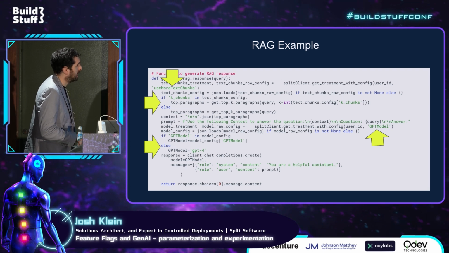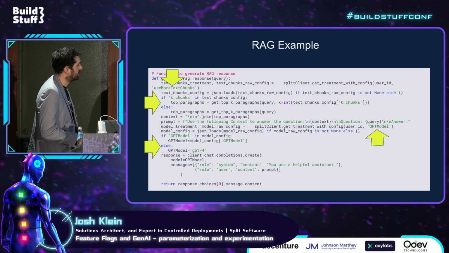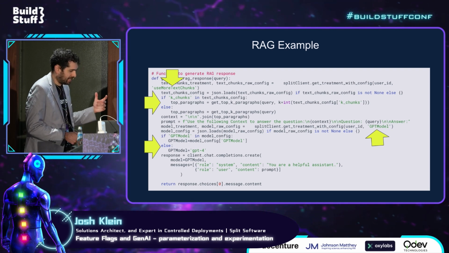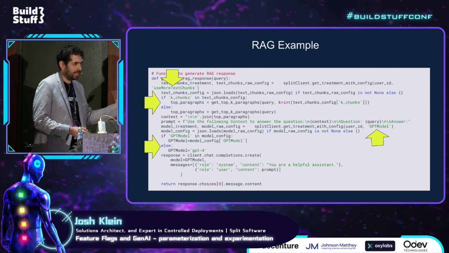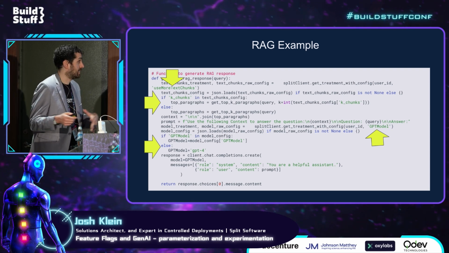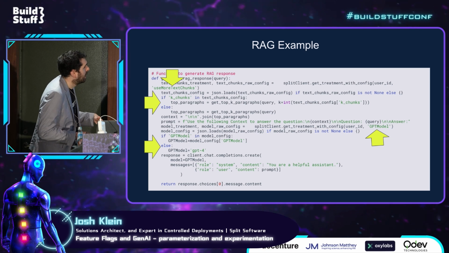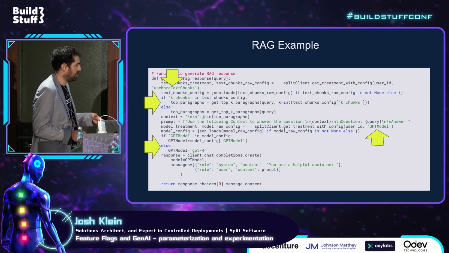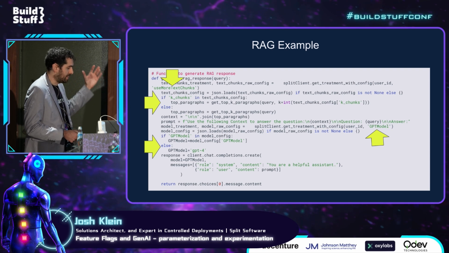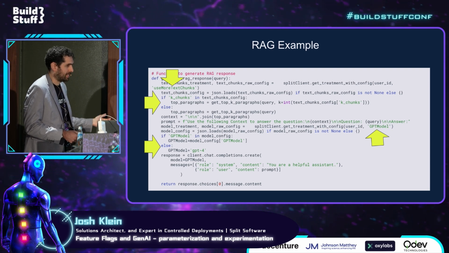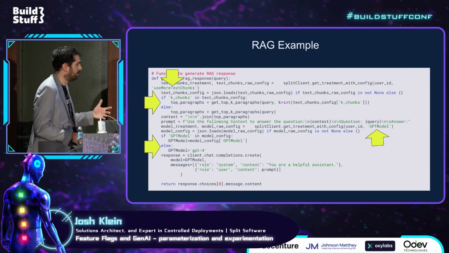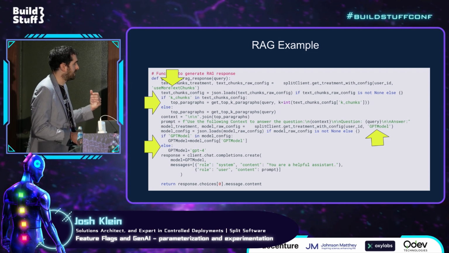So in a RAG system, a retrieval augmented generation, you basically take the question and you augment it with actual text from your system. The first thing you do is take the text that you want to augment your AI system with, and you embed it by taking chunks out of the text.